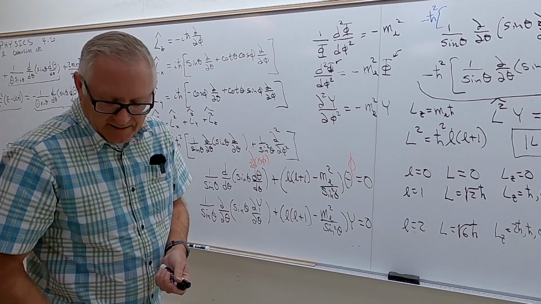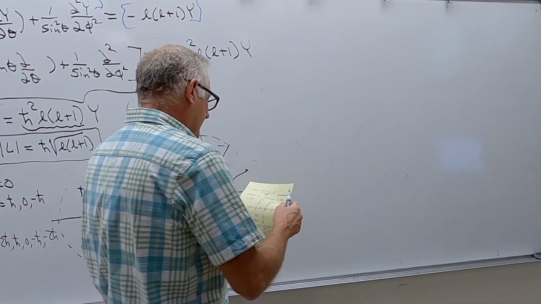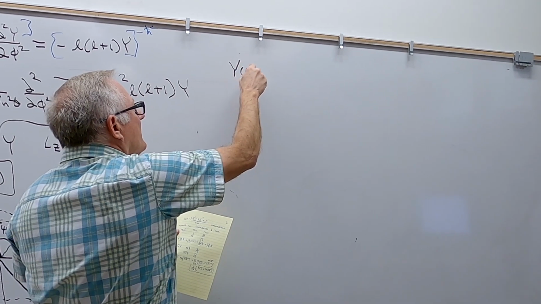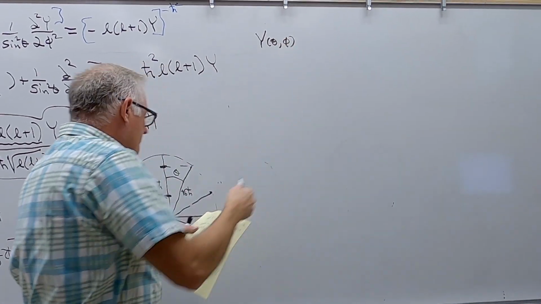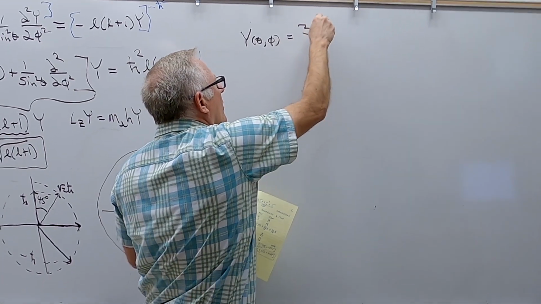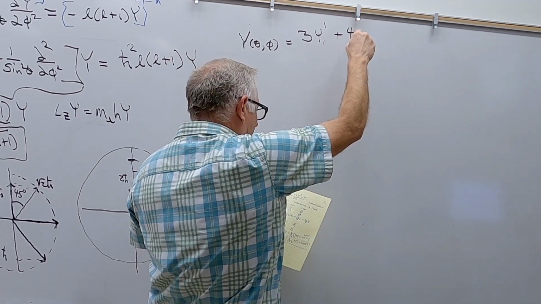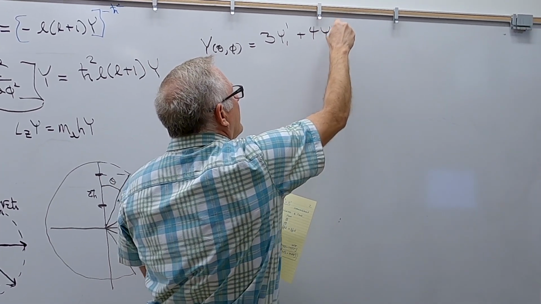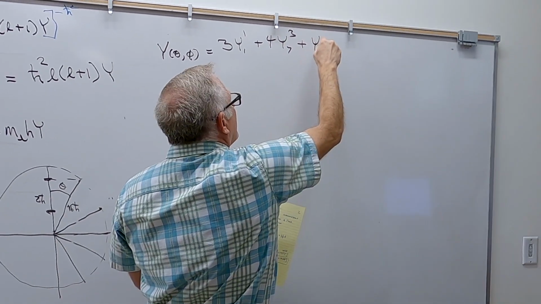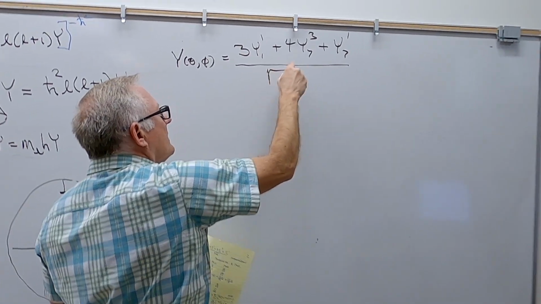suppose we have a state, say Y, that is a mixture between some of these different Y's. I'm just going to make this up. It's 3Y11 plus 4Y73 plus Y71, all over the square root of 26.